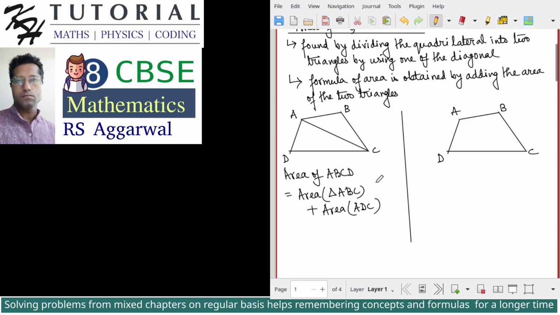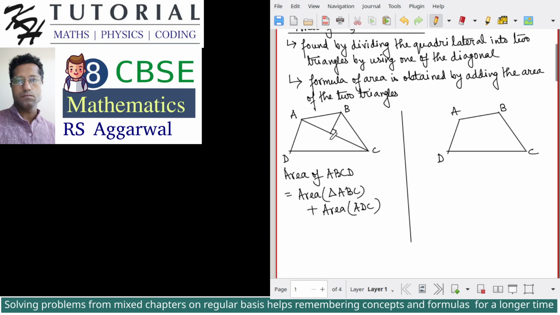Using minimum information, we will use AC as the common base for triangles ABC and ADC. So we will now need the height of triangle ABC where AC is the base, so we have to draw a perpendicular from B on the side AC.